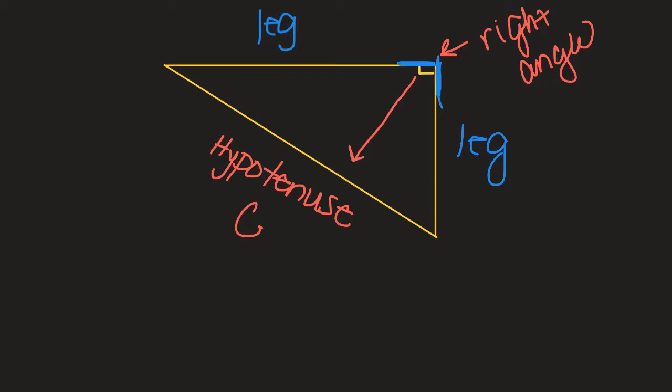Now your theorem itself says that a leg squared plus the other leg squared, and think in addition, you can add numbers in any order. So it doesn't matter which leg you start with, as long as you do not start with the hypotenuse. Those two things squared and added together are going to equal the hypotenuse squared.